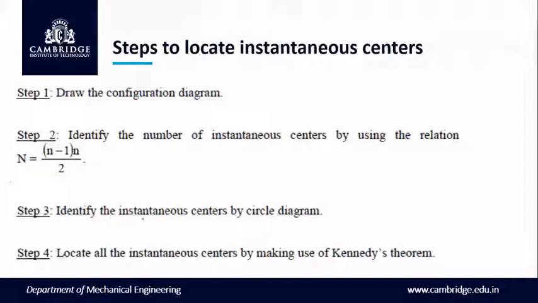Then we need to identify the instantaneous centers either by circle diagram or by bookkeeping method. Later, we need to identify the visible instantaneous centers and we can locate all instantaneous centers by using Kennedy's theorem.